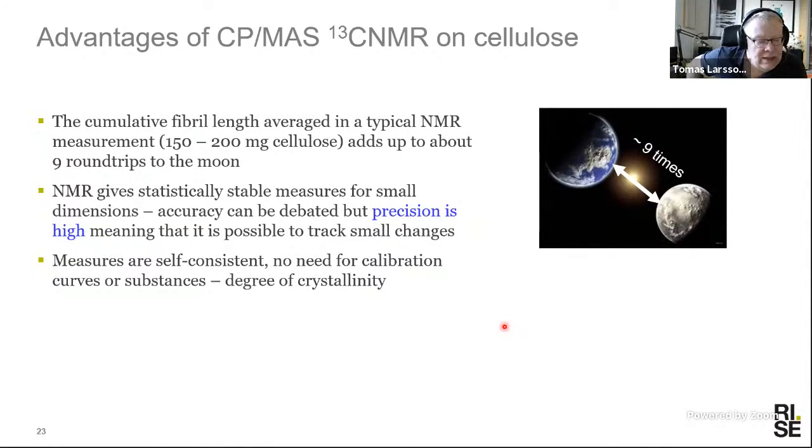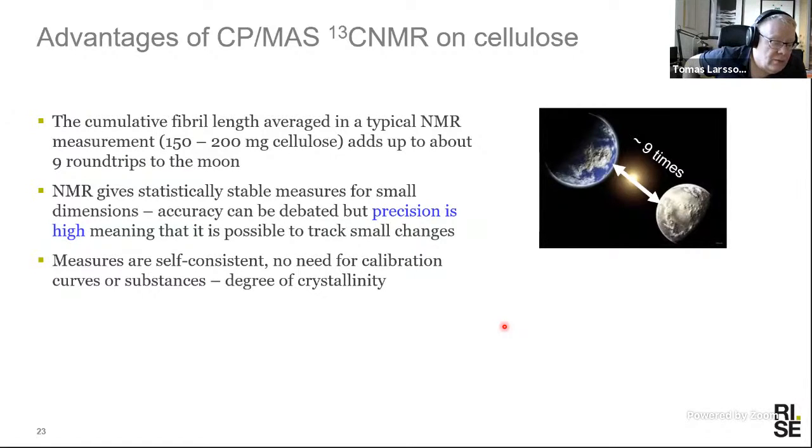But I think that normally the absolute numbers we get from NMR are pretty okay as well. But for precision, it's difficult to beat, because what we need to do in many circumstances is to track small changes, and to have a method that has good precision is very good.